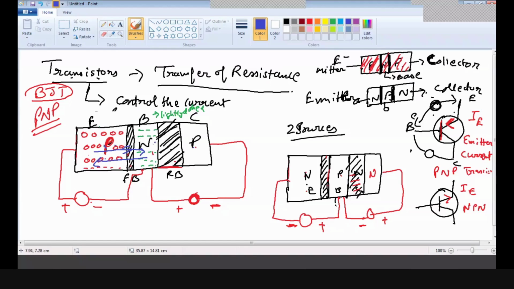So current will flow because of these holes from emitter to base. That is the emitter current, right? That's why in the symbol, we took the inward direction of current when considering the PNP, because in this the emitter current is towards the base, right? Like this. Okay.